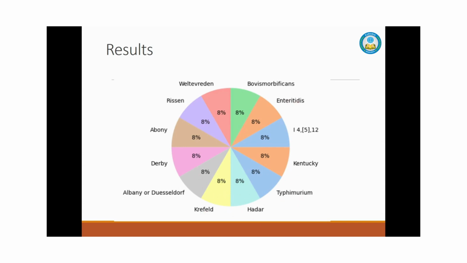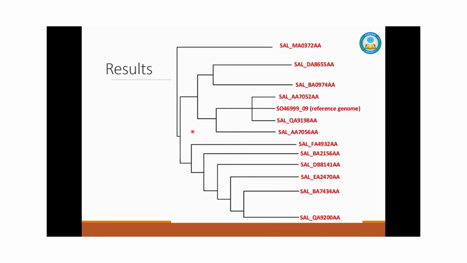And this one is showing the phylogenetic tree, using Salmonella LT2 as a reference genome, and the others are shown besides this reference genome. All right. So these three, as I said before, can be used to track the origin of the outbreak strain.